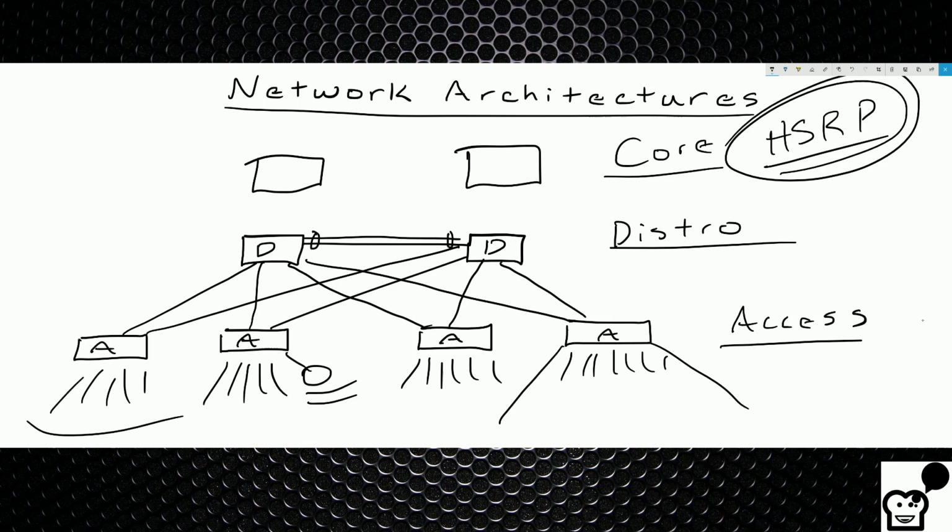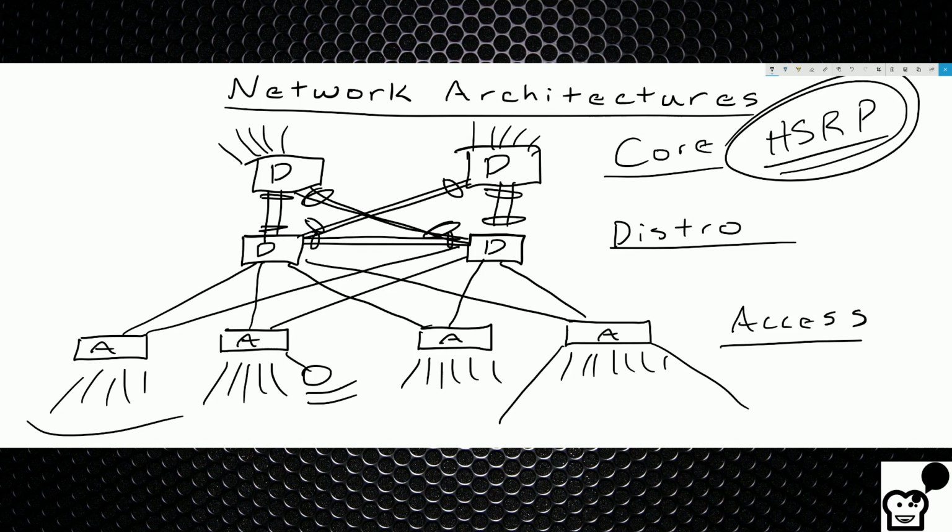So you've got these 4 switches and they're all distribution, and then these have their redundant connections out to your other access layer switches on the other side. And then you've just got all of your redundant connections between your distribution switches. That's really all there is different between the 3-tier and the collapsed core. You're just getting rid of that core layer and running everything you need on your distribution layer switches.